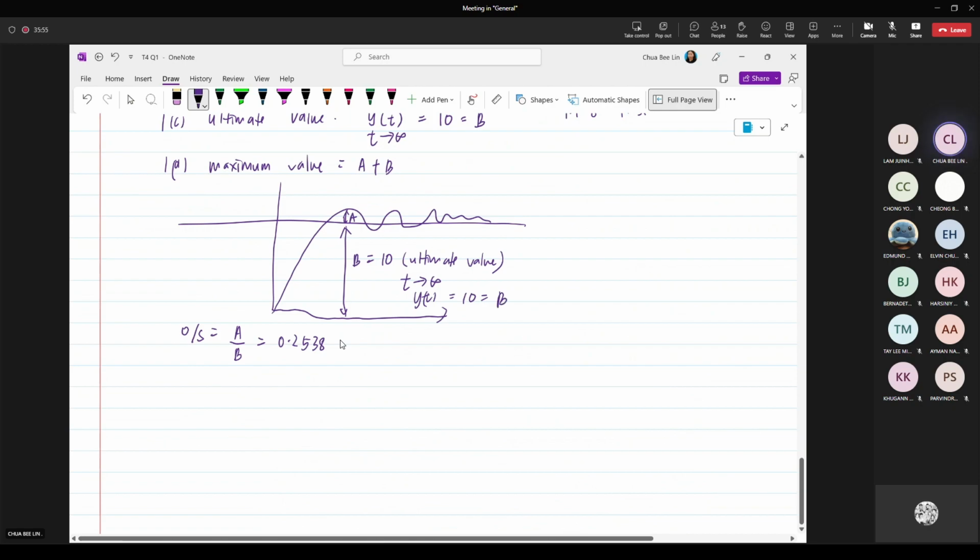Okay, so from here, you'll be getting your A equals 0.2538 multiplied with the B, and finally you can solve your A equals 0.2538 multiplied with 10, so it's 2.538. So your maximum value will be finally 2.538 plus 10. Sub into here, 12.538.